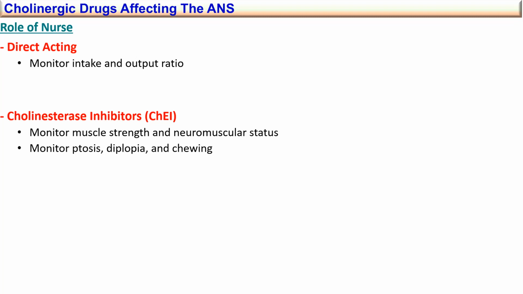For the cholinesterase inhibitors, you monitor muscle strength and neuromuscular status: ptosis, drooping of the eyelid, diplopia, double vision, or chewing and swallowing ability. Schedule medications around mealtime, and also schedule activities to avoid fatigue and exhaustion. And you monitor for muscle weakness. That's very important to monitor.